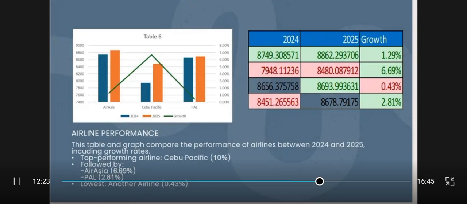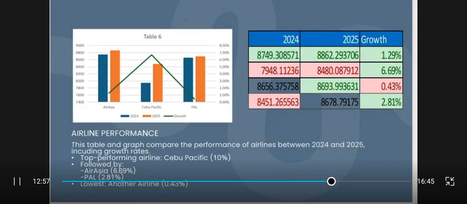So there's also another category with 2024 we have 8,451.26 million 5,563. Then in 2025 we have 8,678.79,175. Then the growth is 2.81%.